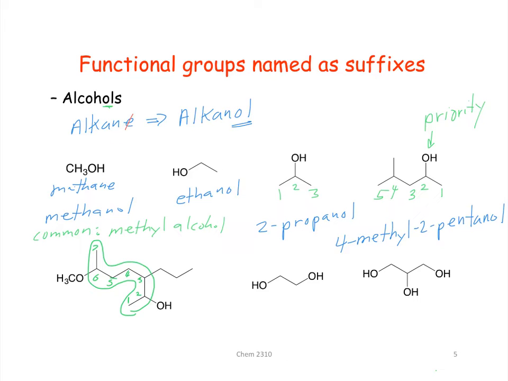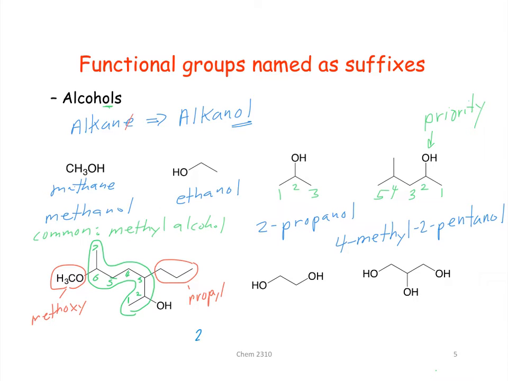All right, so what do we have? What substituents do we have? We have a propyl over here. And what else? We have this group. What's this? This is a methoxy. All right, and that's all going to be on a heptane, and we have an alcohol, so a heptanol.